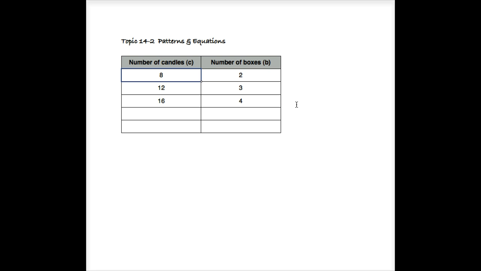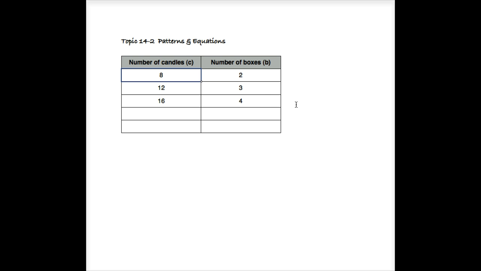So to find the relationship between the numbers in the first column, which is C, and the numbers in the second column, which is B, we need to take a look at how they increase in relationship to each other.